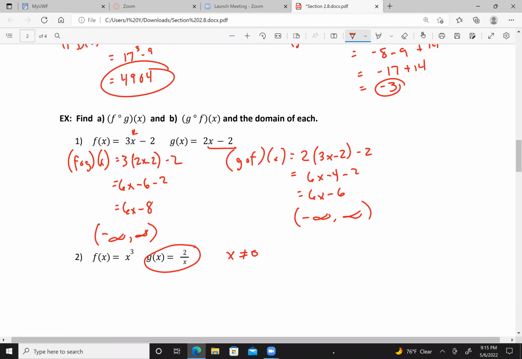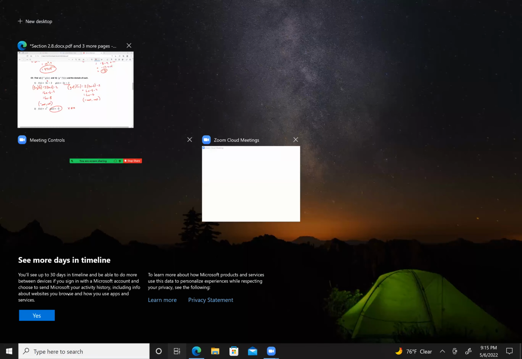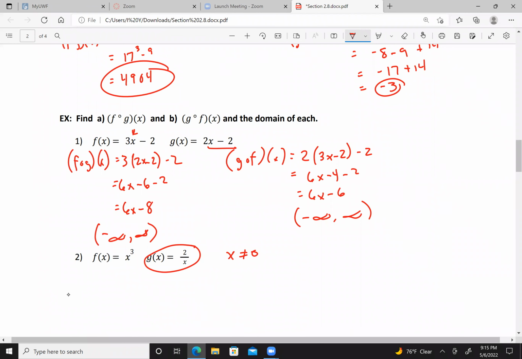Now, for f of g of x, we simply take g of x and plug it into f of x. So I have 8 over x cubed, which gives me the domain negative infinity to 0, not inclusive, and 0 to infinity, because the only thing here that x cannot be is 0.